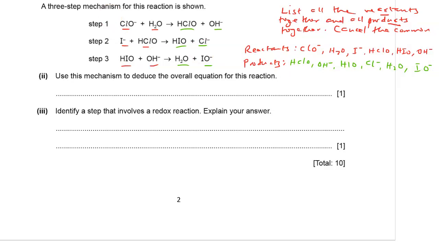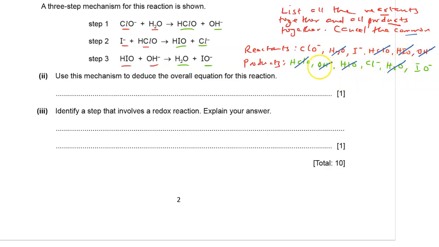Then we need to cancel the common species between the two. You can see we have water there and water there. We cancel that. What else is common? We have OH here and OH there, and that is done with. What else is common? We have this, and we also have that. That is gone. We have this here and this right there.